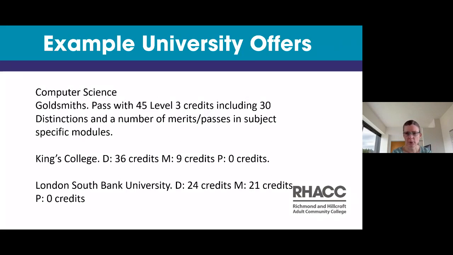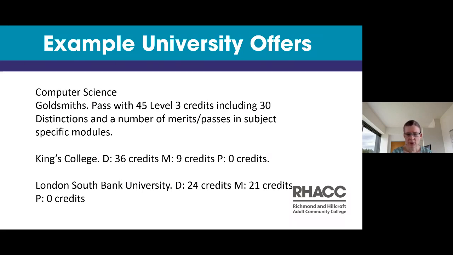Here are some example university offers. For computer science, Goldsmiths wanted students to pass the diploma with 45 level 3 credits, including 30 distinctions and a number of merits and passes in subject-specific modules.